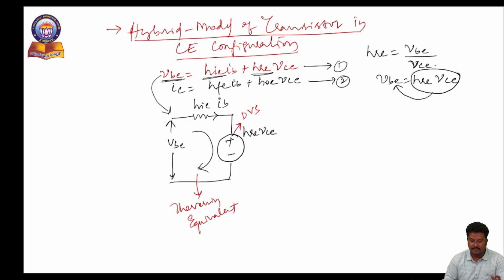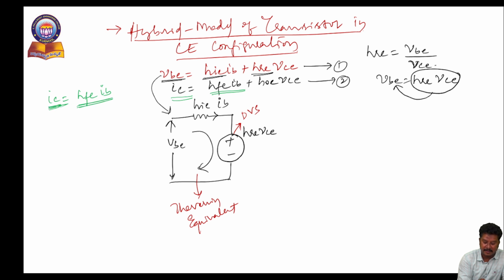On the input side, we experience the Thevenin equivalent circuit, and from equation 1, we are trying to frame the model in the form of a resistance as well as a dependent voltage source. And similarly, from equation 2, we consider that IC is distributed in the form of a current gain. For example, IC is equal to HFE into IB, nothing but the collector current is represented with respect to HFE and IB.